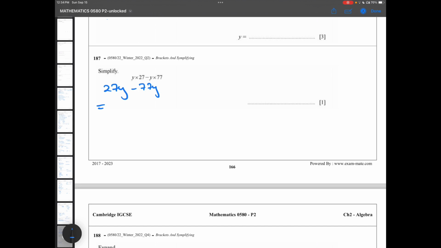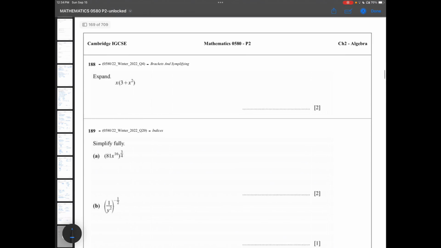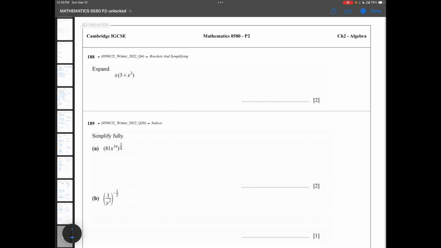So now when we subtract these two values, we get minus 50y. Now in question number 188, it says expand x into 3 plus x square. So this x gets multiplied with 3 first, it becomes 3x. And now this x gets multiplied with x square, we get x cube. This is our answer.